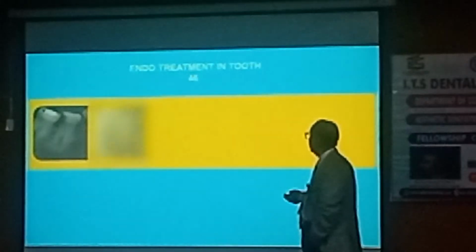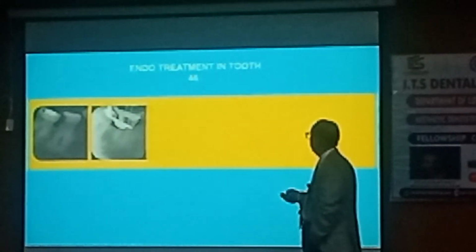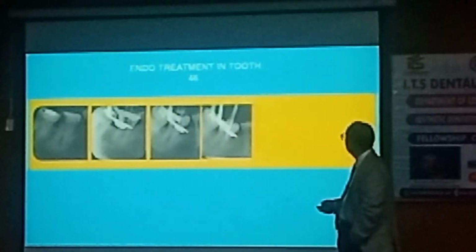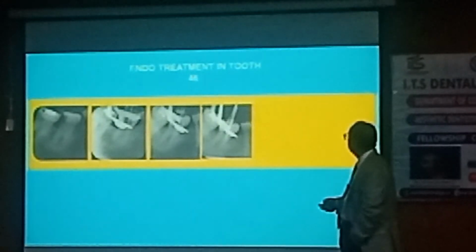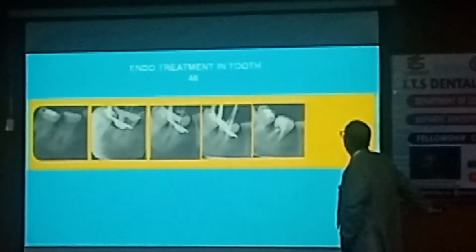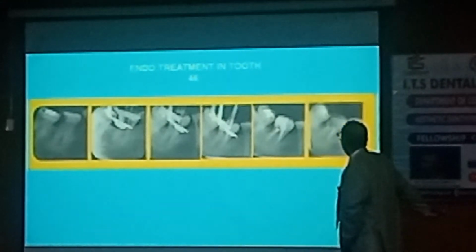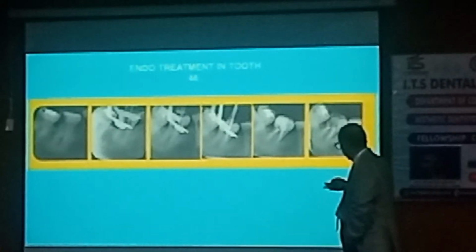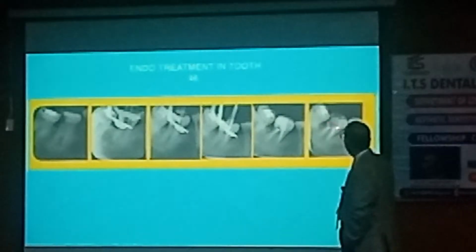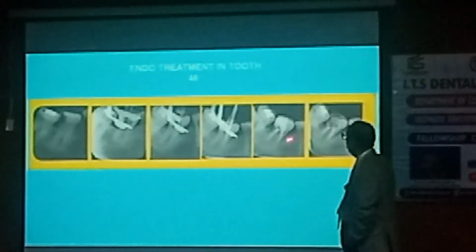This is 46, endodontically treated. Went ahead, did the obturation. I think we used a rotary system here, right? And after we've done this, we remove all this area till your access opening, right?